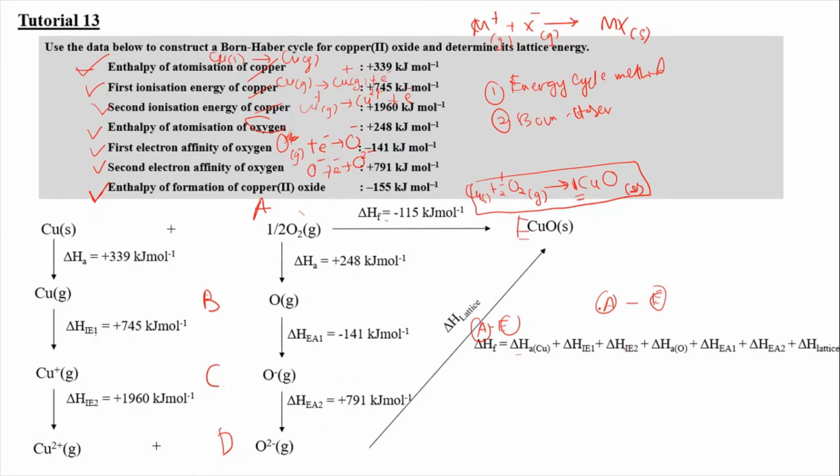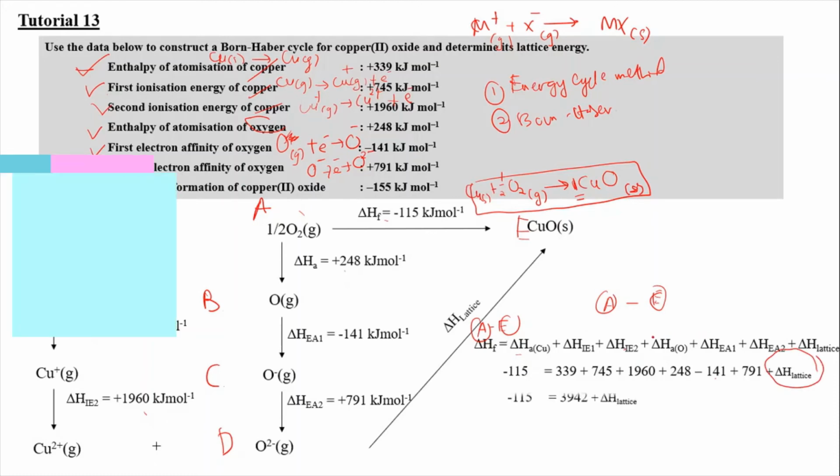So this one is going to equate with this one. So we plug in the values where the enthalpy of formation is negative 115 is equal to 339 plus 745 plus 1960 plus 248 plus minus 141 plus 791 plus lattice enthalpy here. So we have to find the lattice enthalpy.